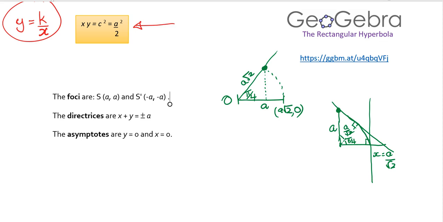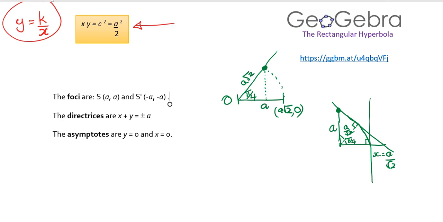And likewise for the directrices. They were the lines x equals a on e for the rectangular hyperbola. Then once we switched it around to have the asymptotes as axes, that distance of a on root 2 has become the side of a right angle triangle, and the hypotenuse of that was now a.